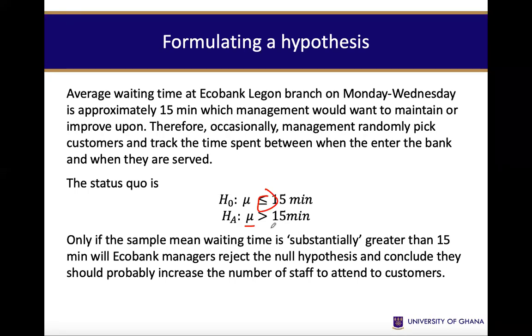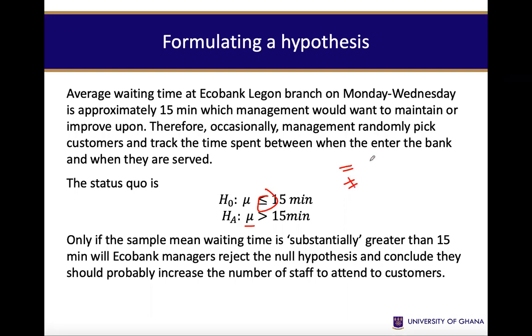Okay, so it's always easier to look at the claim, or look at what is the challenge against the status quo. Once you get that, you can use it to formulate the status quo. Because I told you that if the status quo is equal to, its alternate will be what? Not equal to.